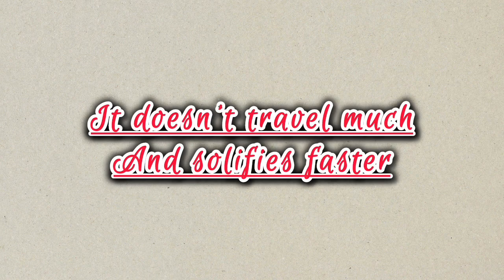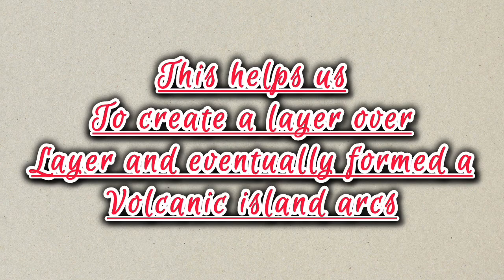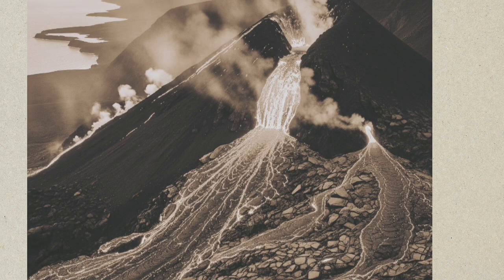So it doesn't travel much and solidifies faster. It also helps to create layer over layer of rocks, and eventually they form volcanic island arcs. Now it's clear to you guys why there are volcanic island arcs at convergent boundaries, but at divergent boundaries there are no volcanic island arcs.